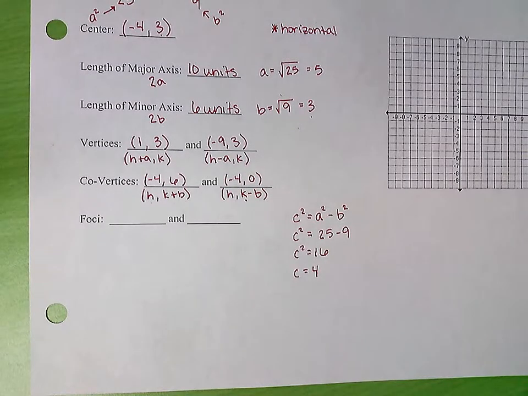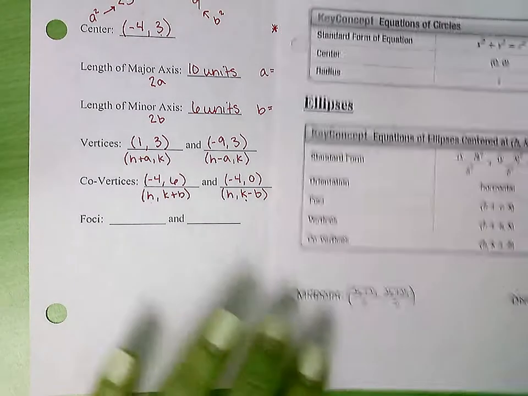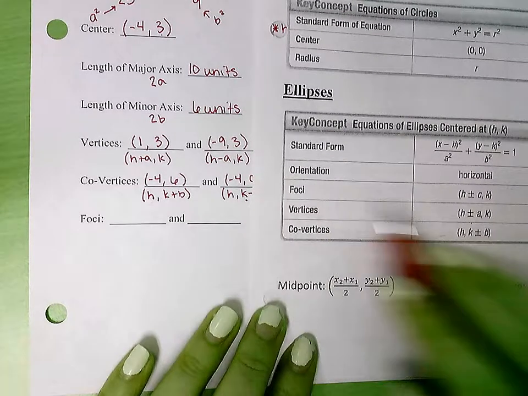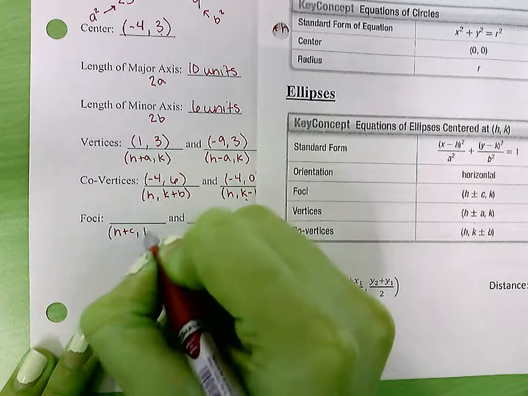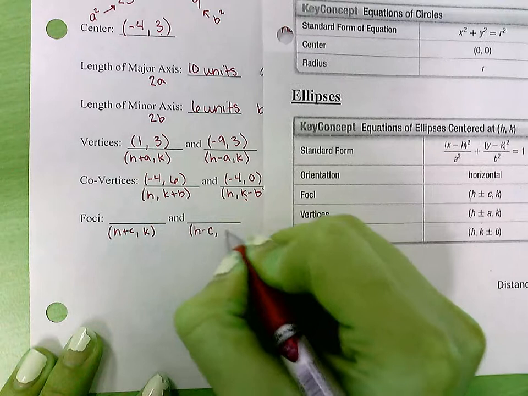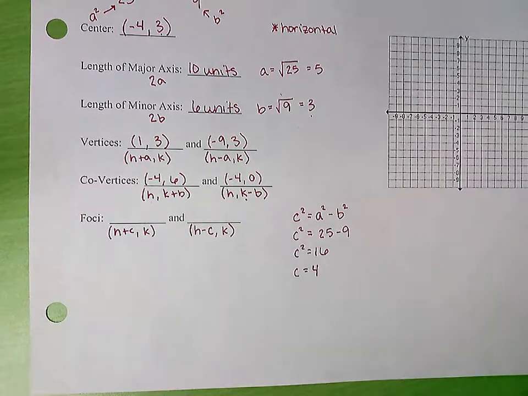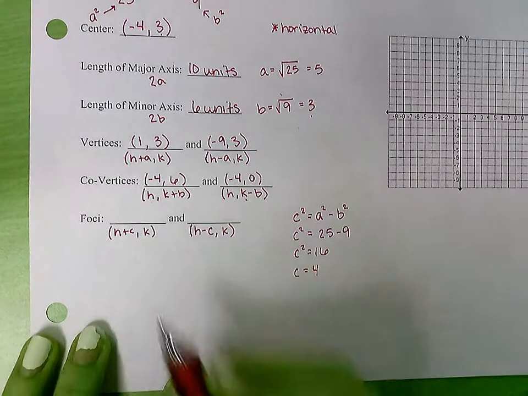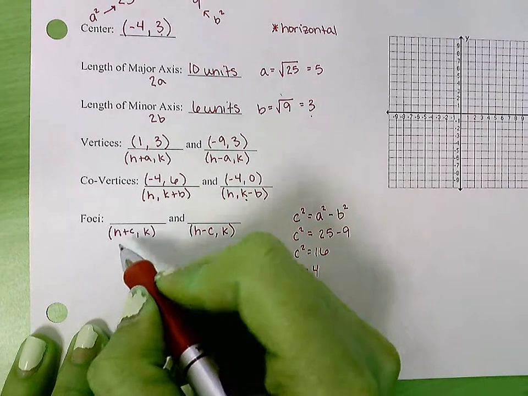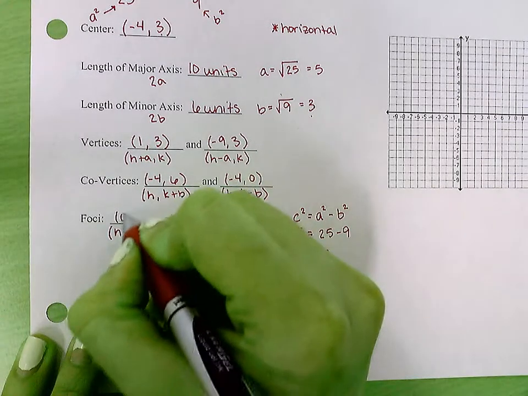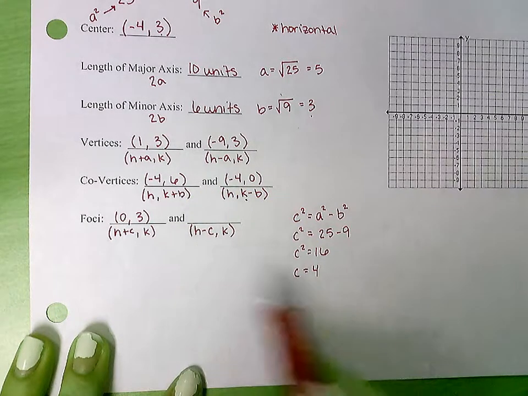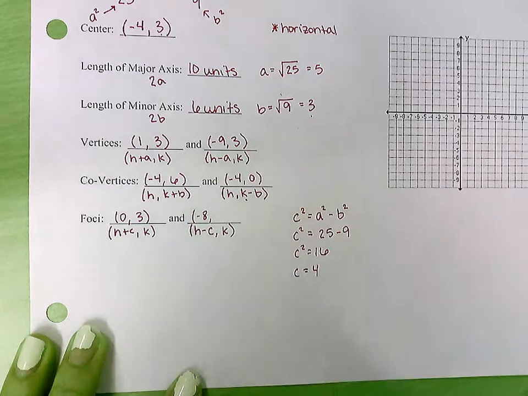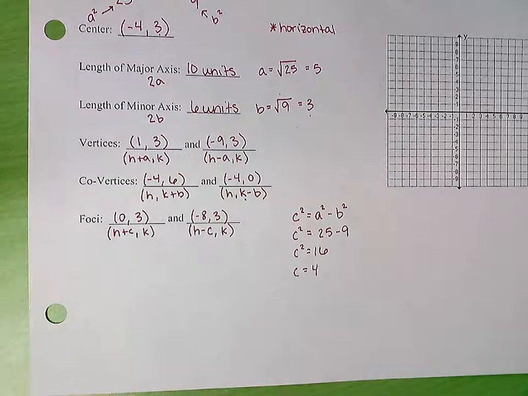So c is 4. I'm going to use again my chart here. So I'll have (h + c, k) and (h - c, k). So I'll have my -4 plus 4 is 0. k stays the same at 3. Then I have -4 minus 4, -8, and then k stays the same.